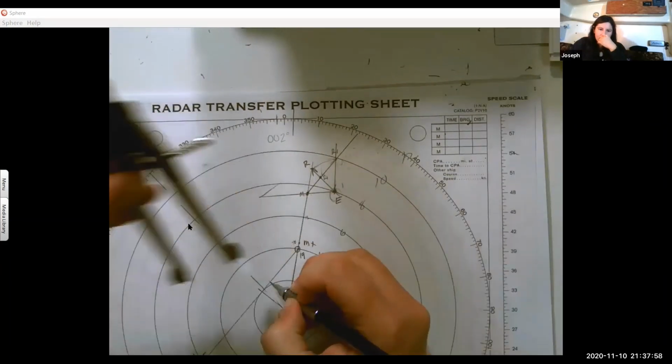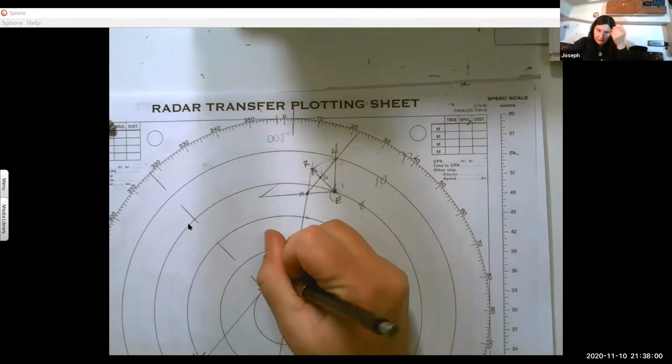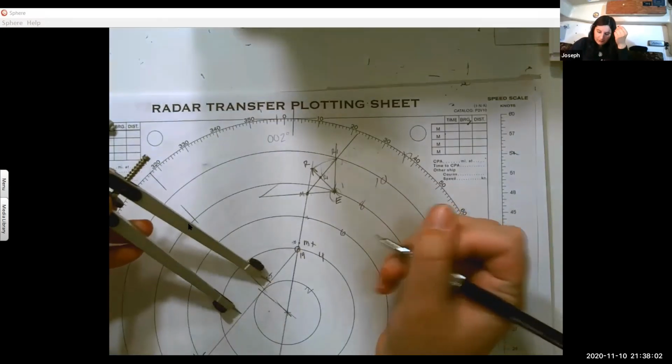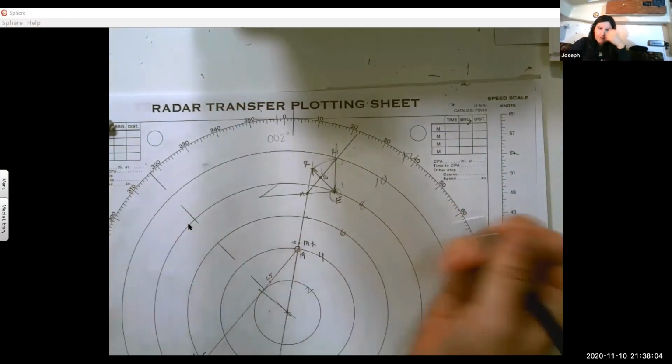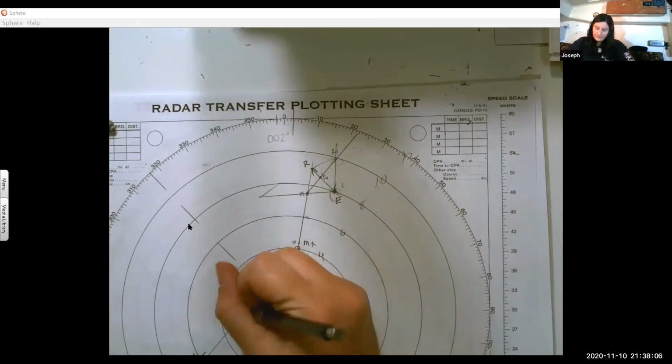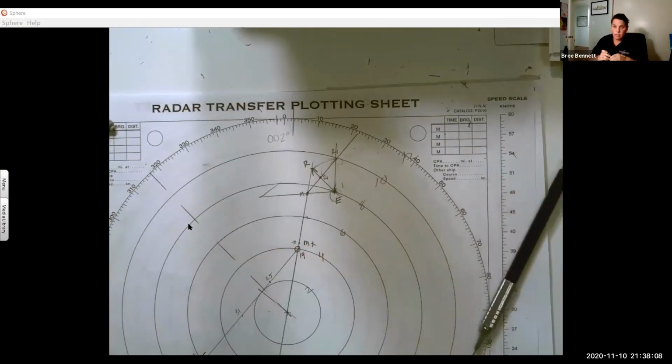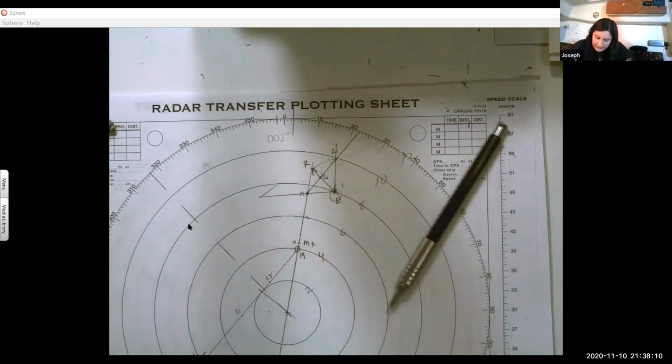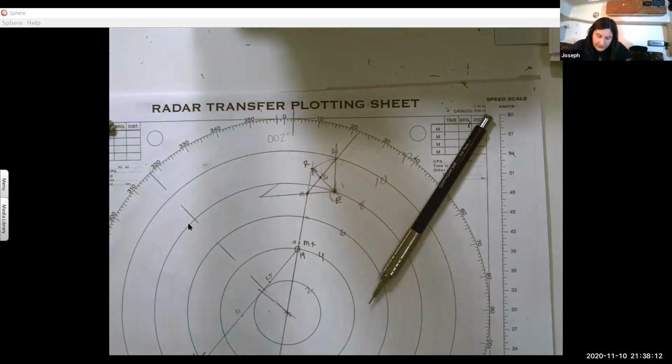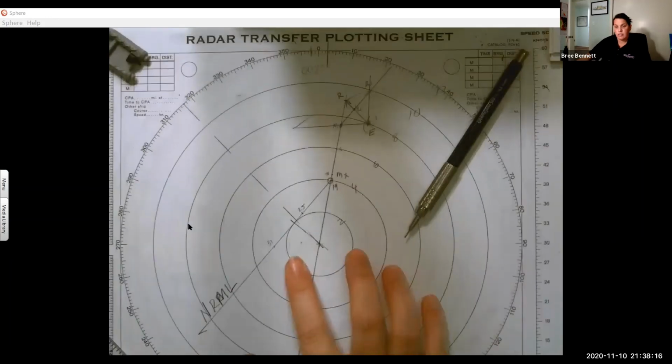Hold on. Yeah, she's measuring off of. Okay, so are you doing the CPA off of the RML, right? Yes, that new relative motion line.